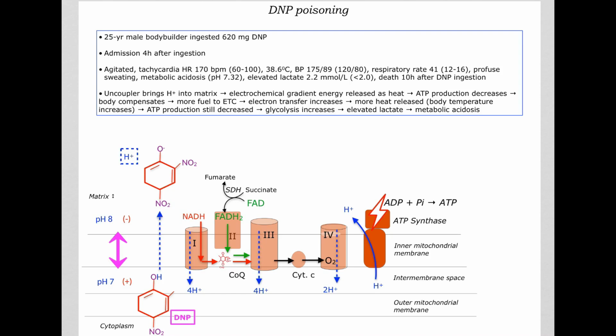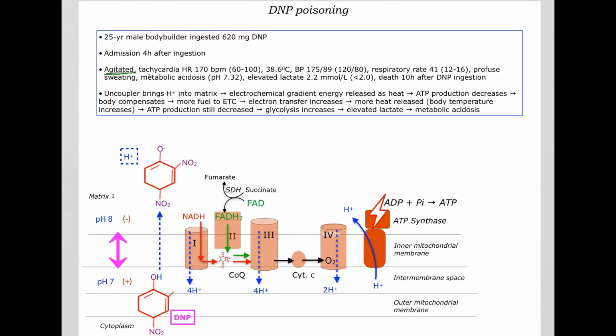Here's a case reported in literature. There are several cases of DNP poisoning, but here's one example. There's a 25-year-old male, a bodybuilder, who ingested about 620 milligrams of dinitrophenol, and he was admitted to the hospital 4 hours after ingestion. The clinicians found him agitated.